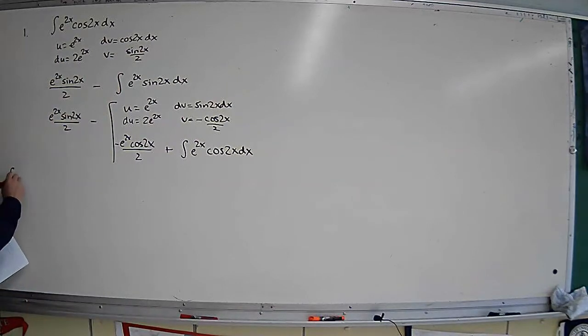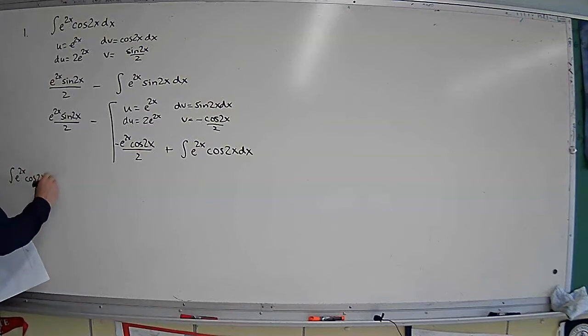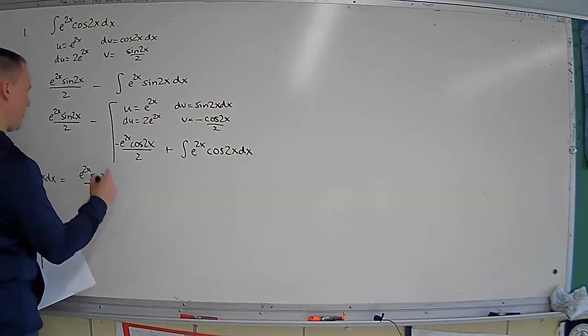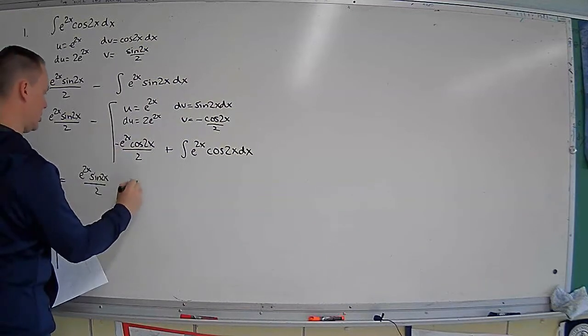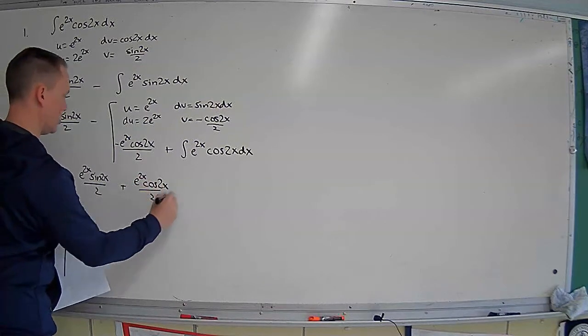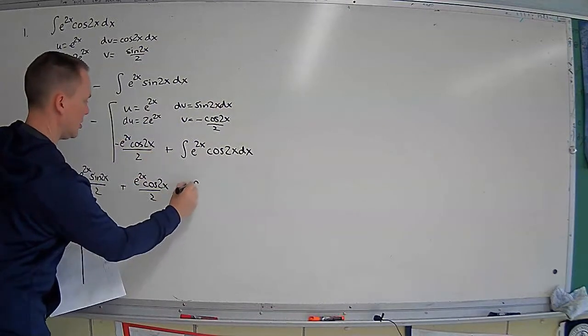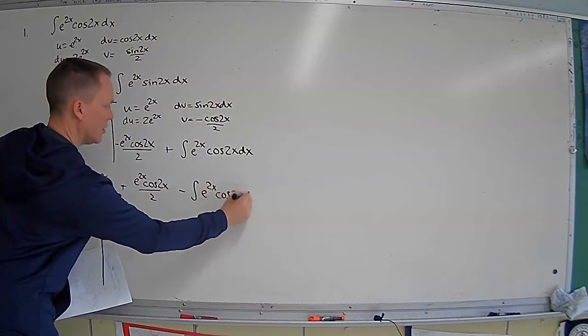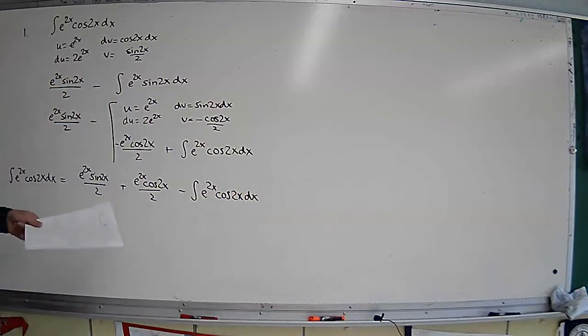So we have the integral of e to the 2x cosine of 2x is equal to e to the 2x sine of 2x over 2 plus e to the 2x cosine of 2x over 2 minus the integral of e to the 2x cosine of 2x. Bring this to the other side.